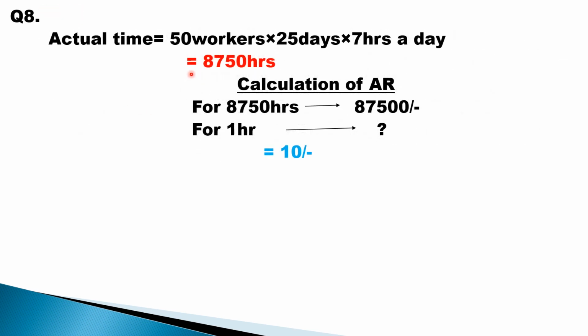So actual time is equal to 50 workers into 25 days into 7 hours. You get 8,750 hours. So calculate AR. So 8,750 hours is called actual time. For 8,750 hours, it is 87,500 rupees. For 1 hour, it is 10 rupees.